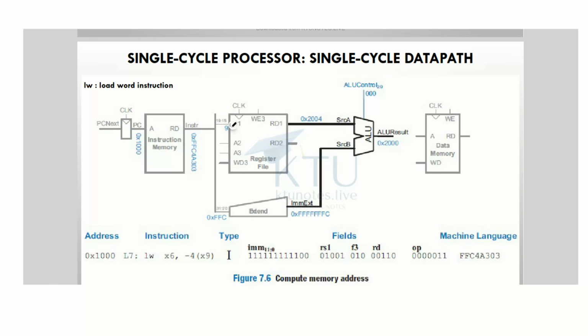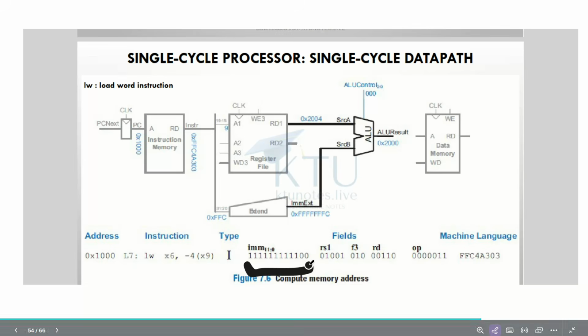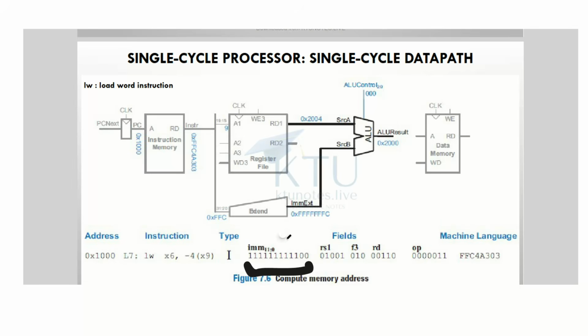Now I have this 32-bit immediate, the bits 31:20. These immediate bits are passed through the immediate extend. This number is this in machine language. I want to extend it because you can pass only 32-bit values to the ALU.